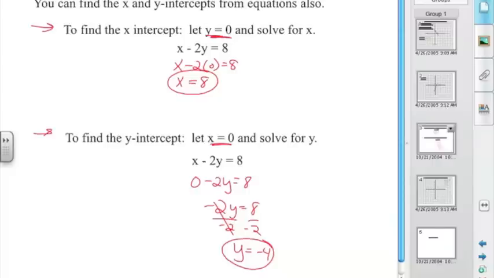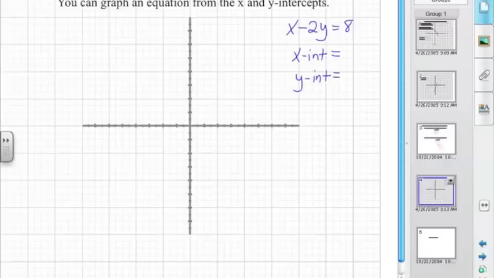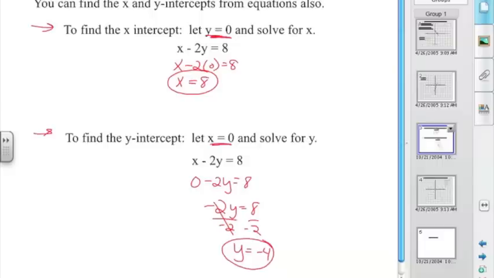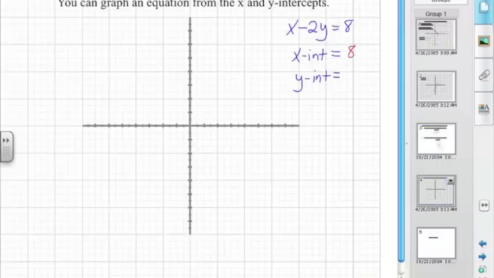We're going to move on to the next slide. And we have our equation, x minus 2y equals 8. If the x-intercept from the previous board is 8, and the y-intercept is at -4, we can graph this equation using the x and y intercepts.